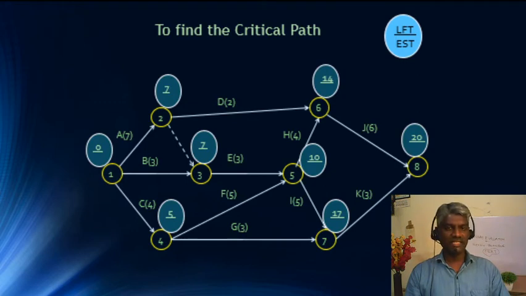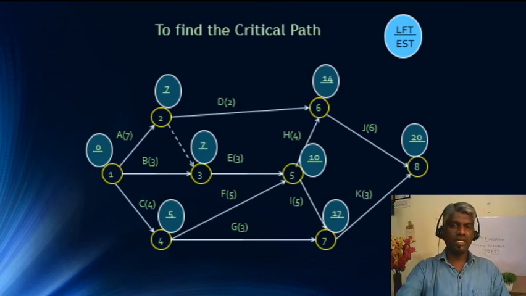And finally at the start node there are 3 activities, A, B and C. So 7 minus A's duration 7 is 0, or 7 minus B's duration 3 is 4, or 5 minus C's duration 4 is 1. So 0, 4 and 1, which is smaller, 0. So we take the latest finish time of the first node as 0.